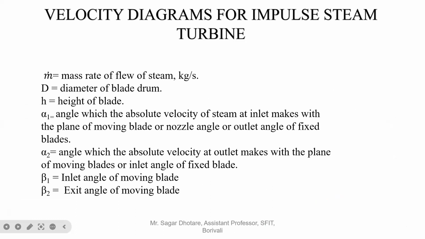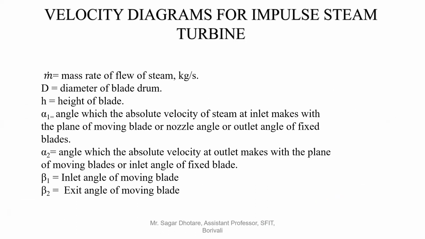This relation, or this equation, we can find out with the help of the velocity diagram. m dot we can consider as the mass of steam, D is the diameter of the drum, h is the height of the blade, alpha 1 is the angle which the absolute velocity of steam at inlet makes with the plane of the moving blade, or nozzle angle, or you can say outlet angle of the fixed blade.